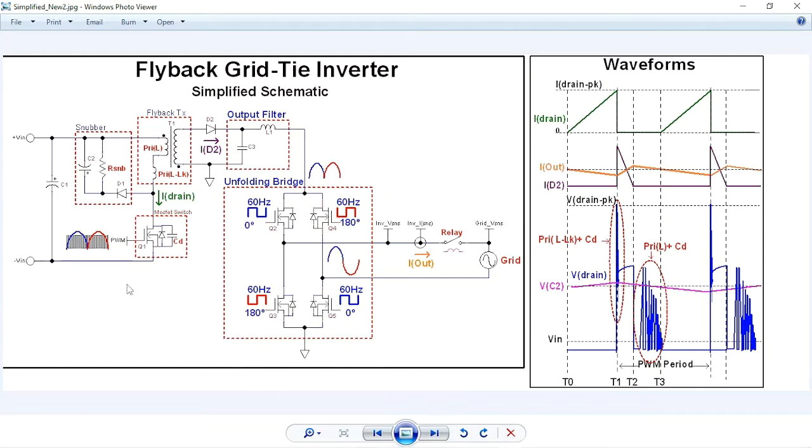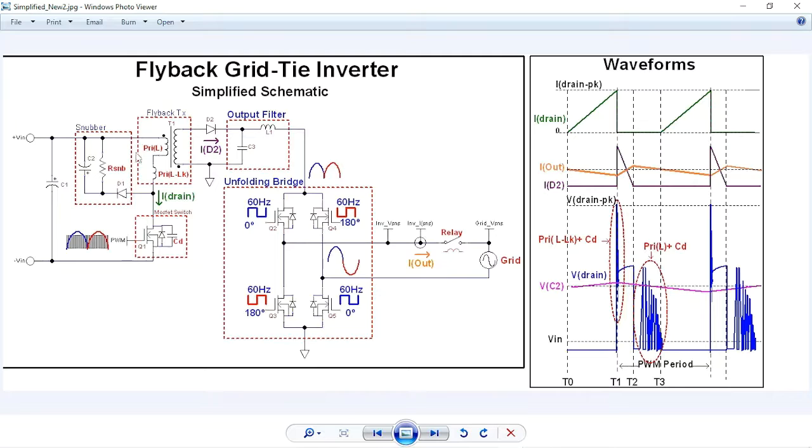Now let's go over the elements of what makes this up. So we have a MOSFET switch, which contains an intrinsic drain capacitance. We have an RCD snubber, which is a resistor capacitor diode.